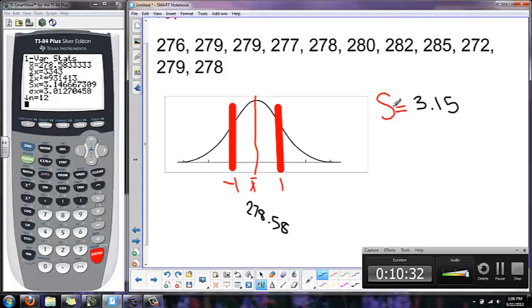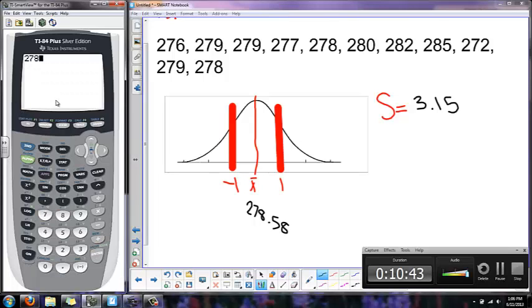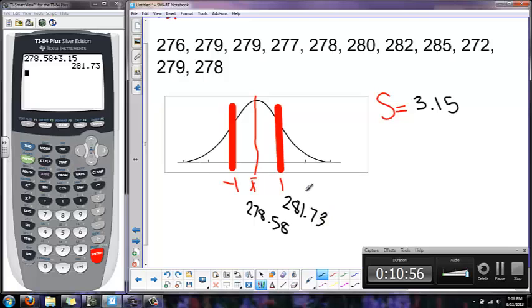So now I need to use this information to figure out what my scores are for positive 1 standard deviation away from the mean and negative 1 standard deviation from the mean. So I'm going to take my average, 278.58, and add 3.15, my sample standard deviation, to get this score right here, apparently a 281.73, and then 278.58 minus 3.15 gives me a 275.43.